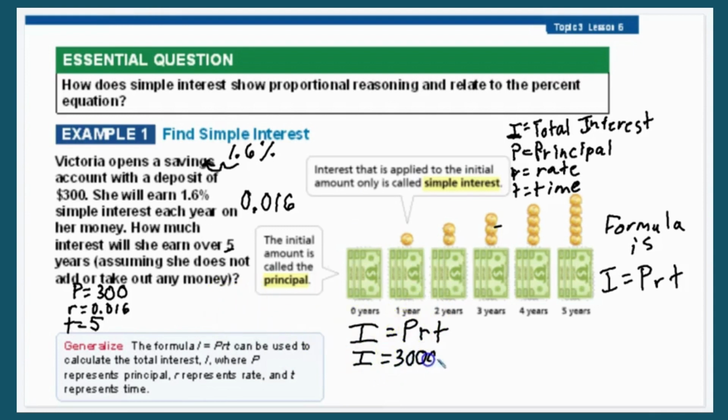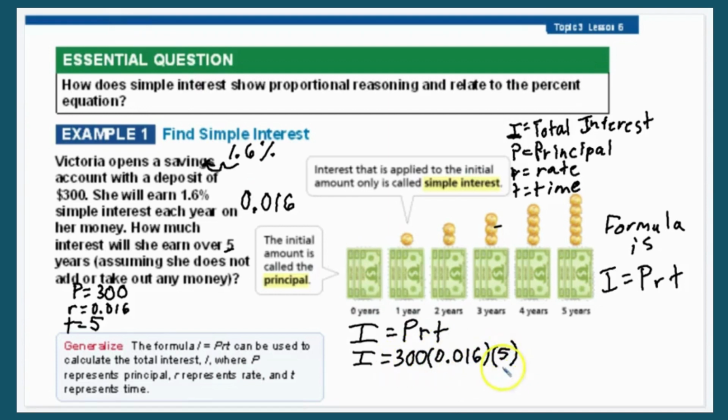So we write down our 300. Then parentheses. The R is 0.016. That kind of looks like an E. Let me just fix that. So 0.016 and then times 5.